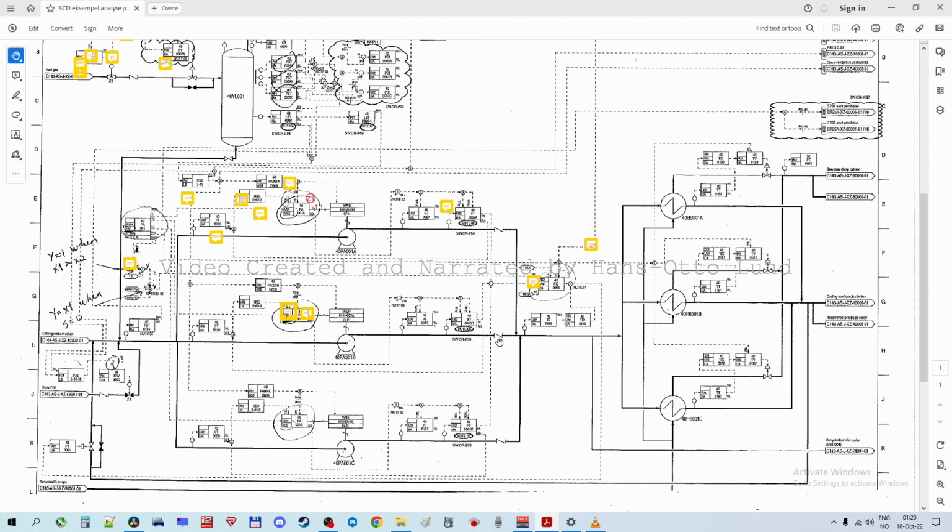When it comes to the common line from the pumps, that's where you sense how much the total flow from the system is, and you have a regulator here, which basically controls this valve down here.